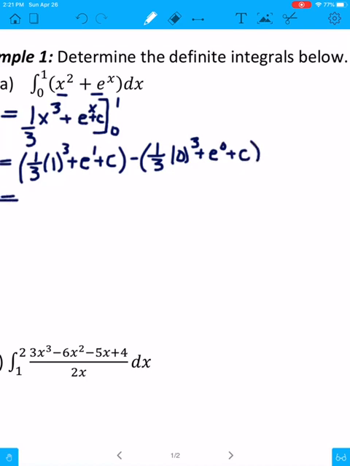And then 1/3 times 1, because 1 cubed is 1, is 1/3. e to the 1 is just e, plus c. And then 1/3 times 0 cubed. 0 cubed is 0, so we get 1/3 times 0, which is minus 0. e to the 0, remember e to the 0 is just 1.